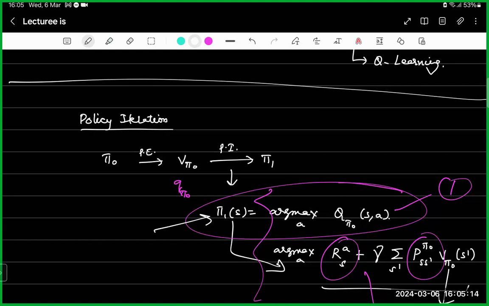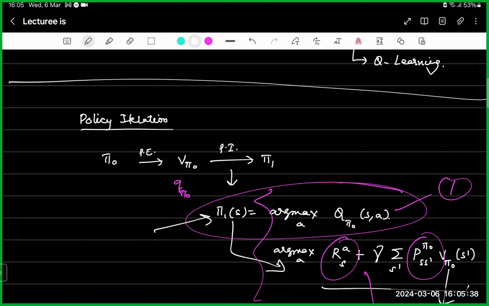So what will be epsilon greedy improvement intuitively? Your new policy pi 1 will be, with 1 minus epsilon probability, you act according to the action given by this equation. When you are in state S, with 1 minus epsilon probability, you behave according to the action given by equation 1.